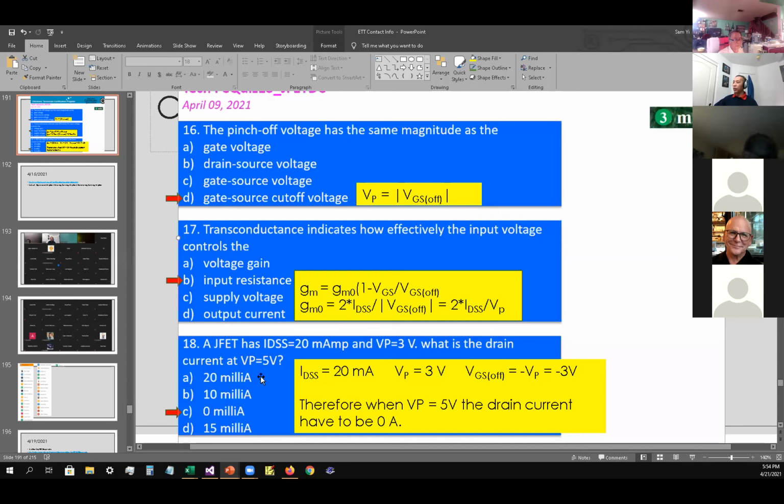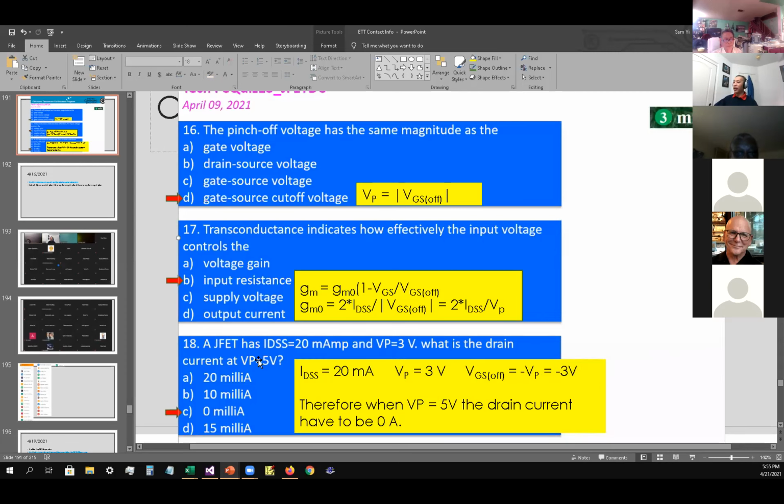When you're applying the positive 5 volt at the pinch off, the VGS is going to be negative 5, but this one is already cut off at negative 3 volt, so you're not going to get any current at all. This one only operates up to negative 3 volt.